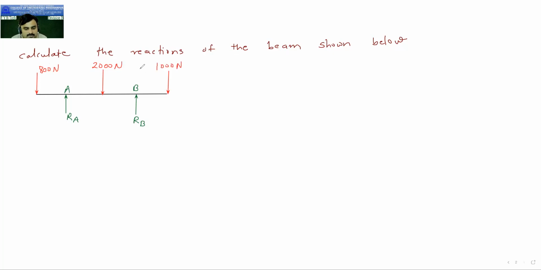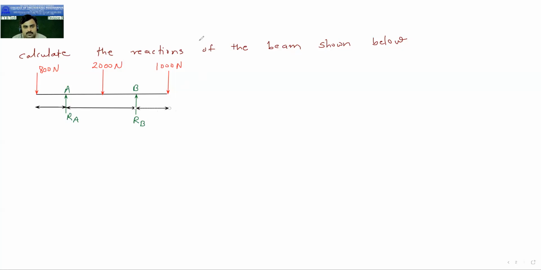And the distances, now I will give the distances. This distance is 3 meter. This total is 5 meter. Then this one which is remaining is 2 meters.